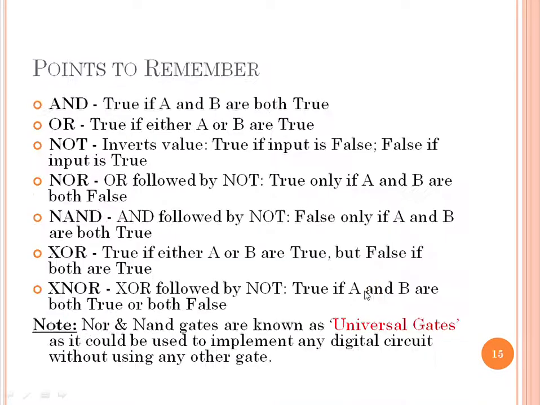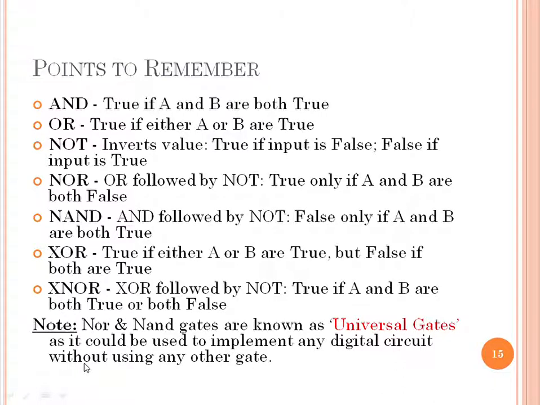Here we come to the points to remember. Here all the points are given with respect to two variables, A and B. The most important point at the end is given in the form of a note. NOR and NAND gates are known as universal gates. Why? Because they could be used to implement any digital circuit.